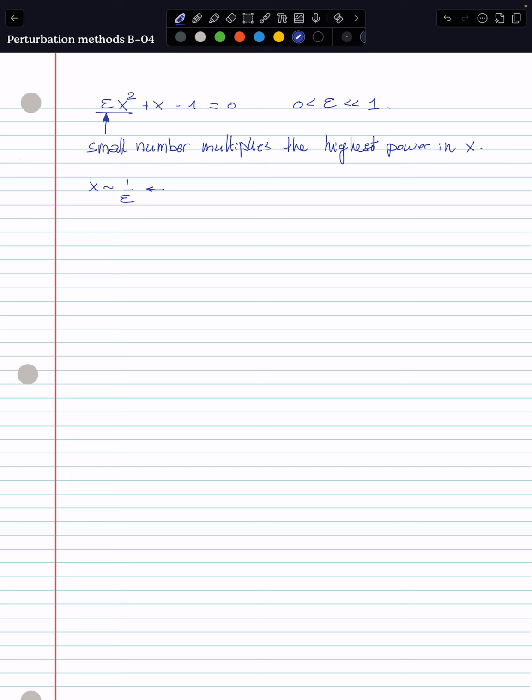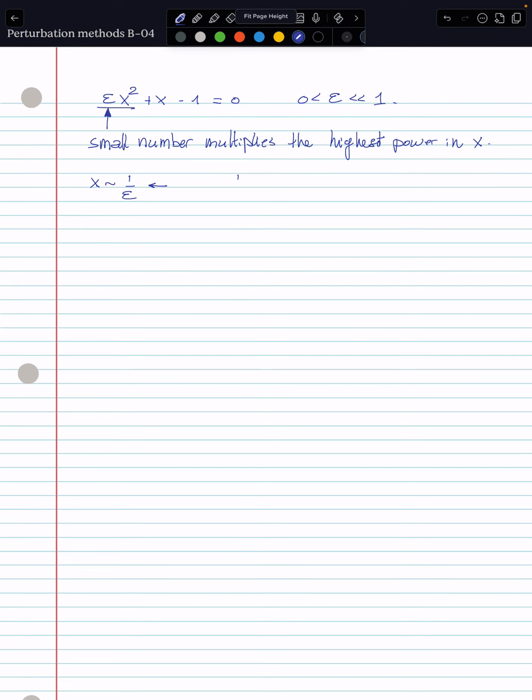In that case, we could get the exact solution of the problem, which, of course, could just confirm that 1 over epsilon is the right order of magnitude for the root, but it could also have been 1 over square root epsilon, which is large, could have been 1 over epsilon square, which is also large, or any other power with n larger than 1, n positive, could have actually done the job.